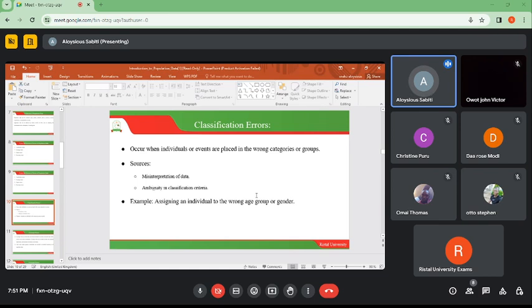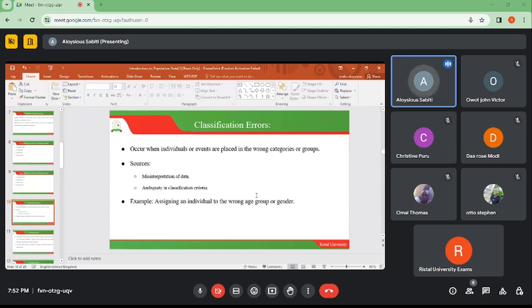You can then go further and say women of reproductive age in this particular county. So that is a sample that is clear, straight out. You will go to that county and look at women of reproductive age.